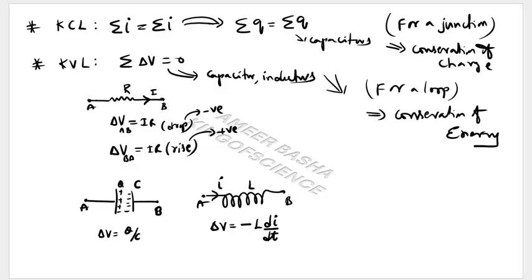Be careful. Then, another important topic, I'll discuss here instruments. In the instruments, first I'll discuss the galvanometer. We all know that in the galvanometer there is a north pole here and a south pole here.